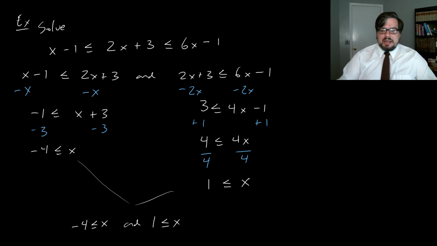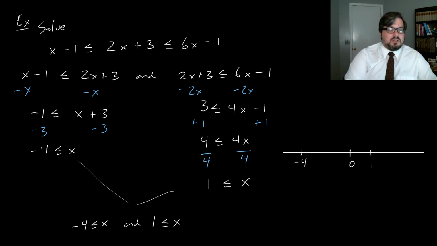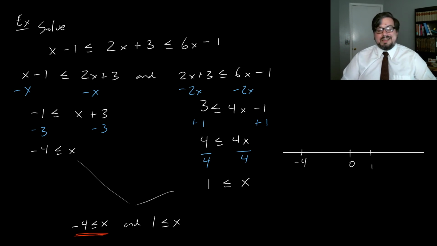So let's interpret this in terms of the number line. This is a good way of understanding what's going on. In order to graph out the final solution, let's graph out each one of these inequalities individually. So let me use the red color for the inequality x is greater than or equal to negative 4.